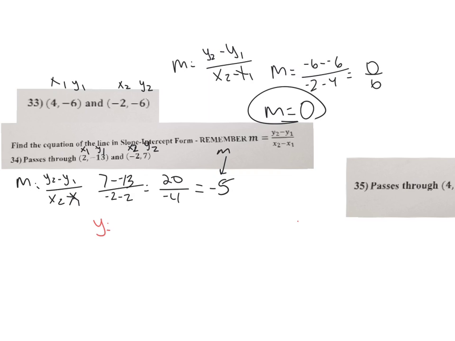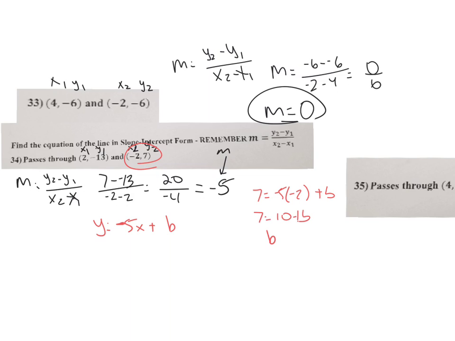So I'm going to have y equals negative 5x plus b. I don't know what b is. So now I'm going to take one of my sets of x and y. I'm just taking the second one. Doesn't matter which one you take. I'm going to plug it in. So I'm going to get 7 equals negative 5, and instead of x, put negative 2, plus b. So 7 equals 10 plus b.